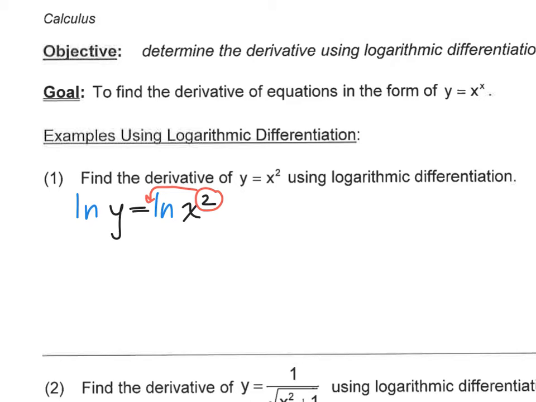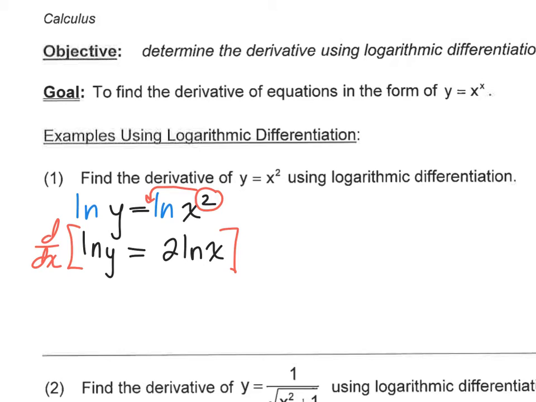All right, so we're looking at natural log of y is equal to 2 times the natural log of x. So what we want to do is take the derivative of this with respect to x. So this is a direct tie-in to what we were talking about yesterday.